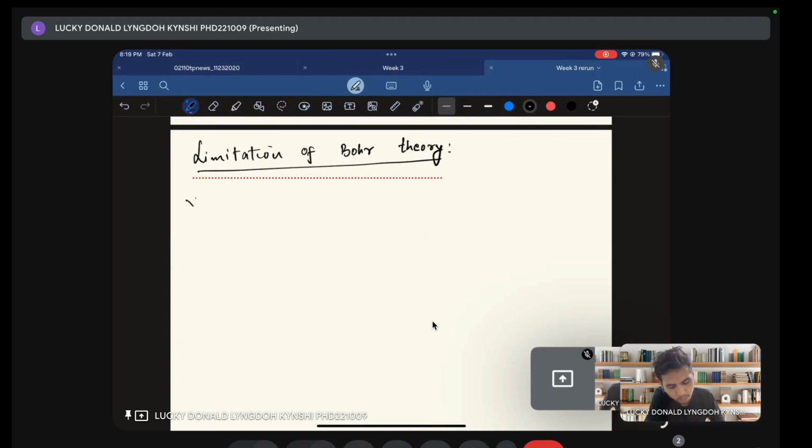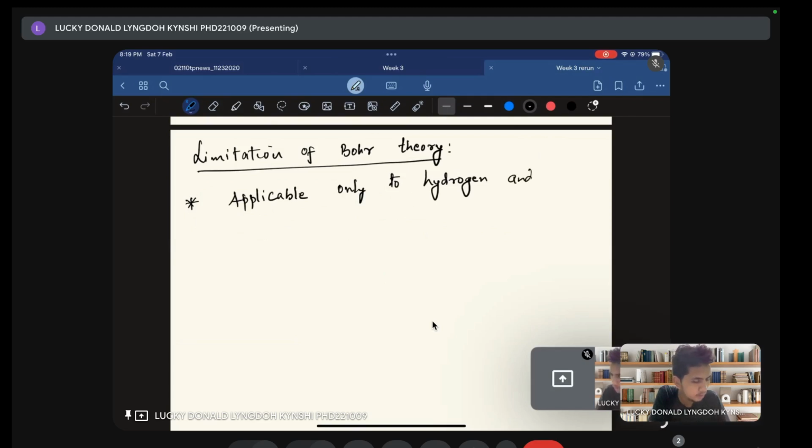Some of them are: Bohr's theory is applicable only to hydrogen and one-electron ions such as helium plus.